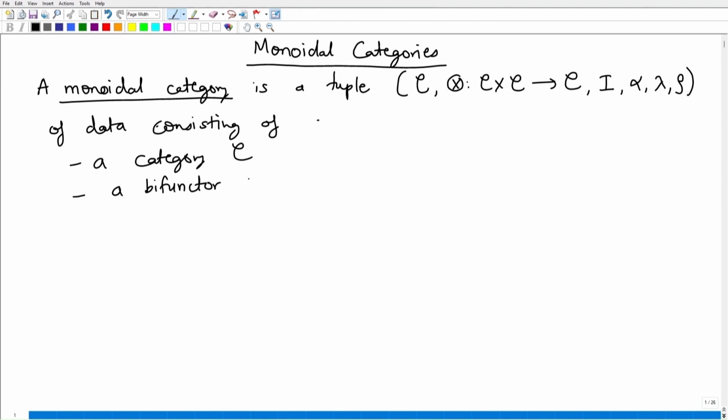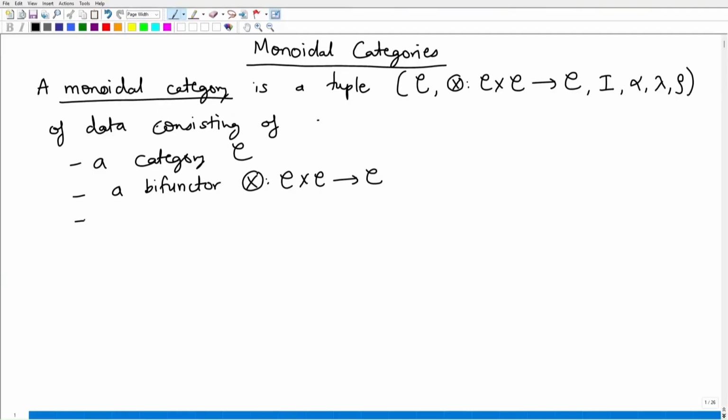Can you tell me? Its domain is a product, and it's just a functor. Whenever you fix an object in one component, it is also a functor. Then I is a specific object in C.